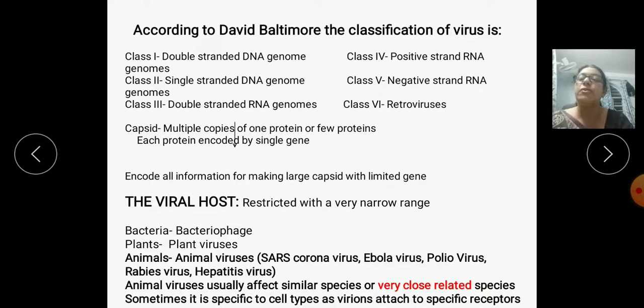It does not go to the birds or the reptiles, unless and until a mutation has taken place. Why is this happening? Because the virion, the infectious material of the virus, has specific receptors where it can bind to the host cell. As it is highly specific, it can attack only closely related species.